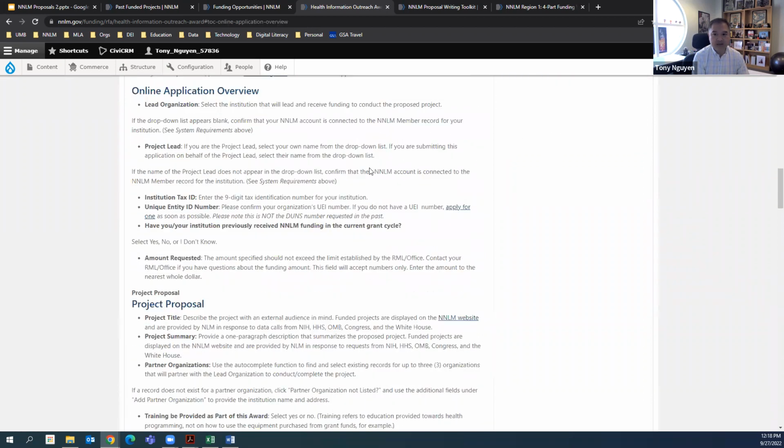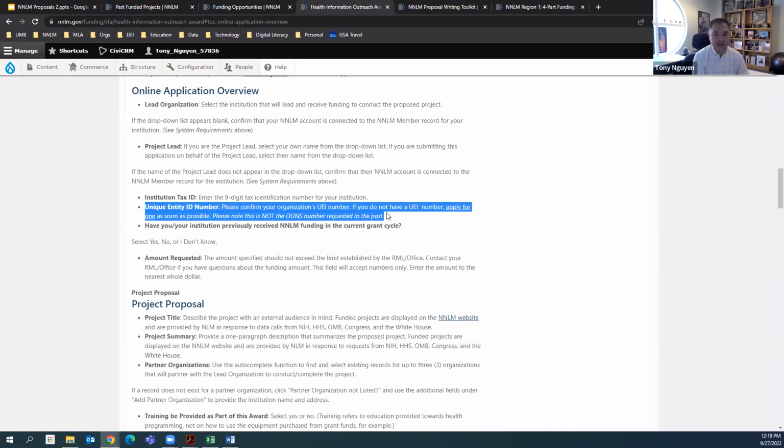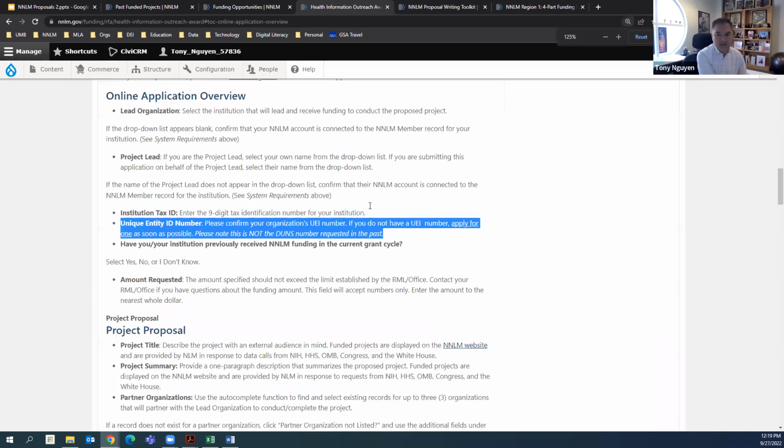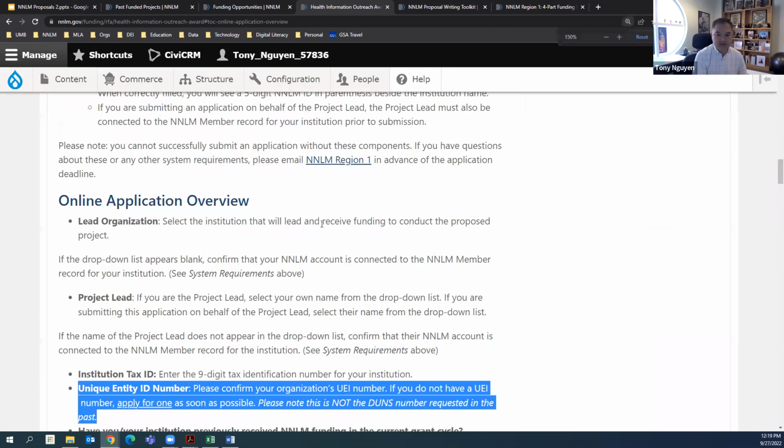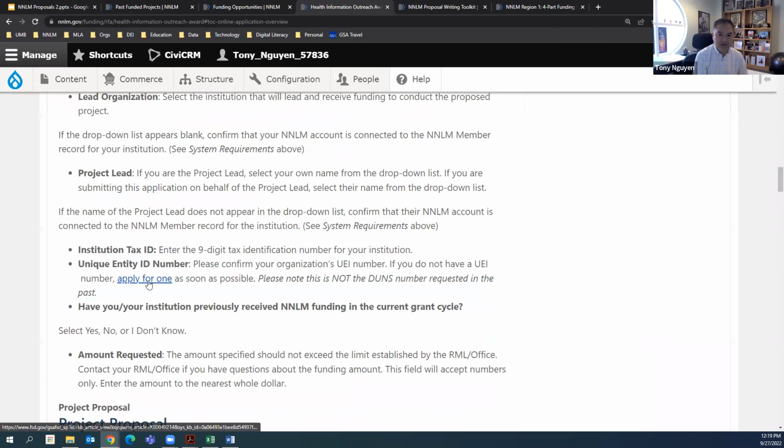Before I move even further, I think there is something new that I need everyone to be aware of. Federal guidelines have changed. We no longer collect the DUNS number. Instead, we need to collect a unique entity ID number. And there is some guidance on how to apply for one if you are not familiar with that.